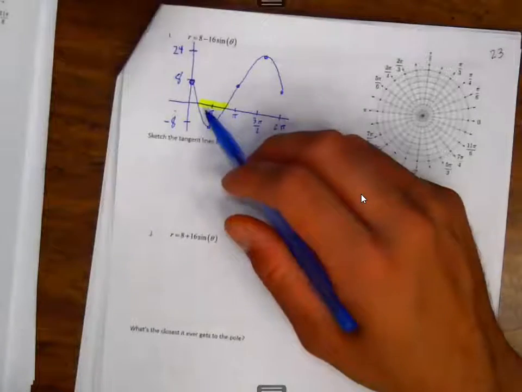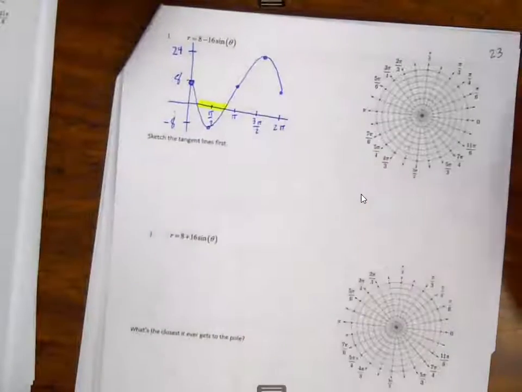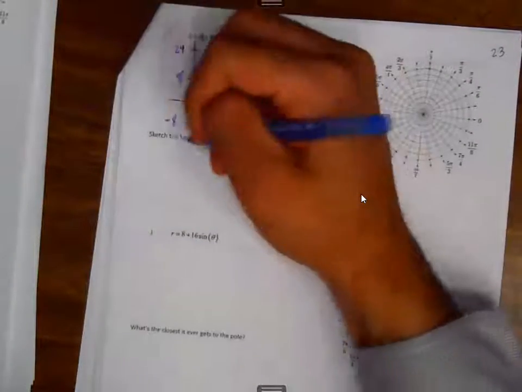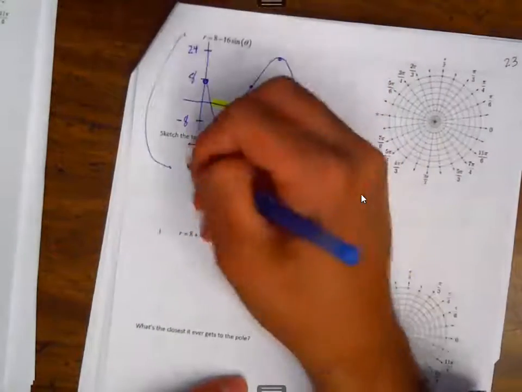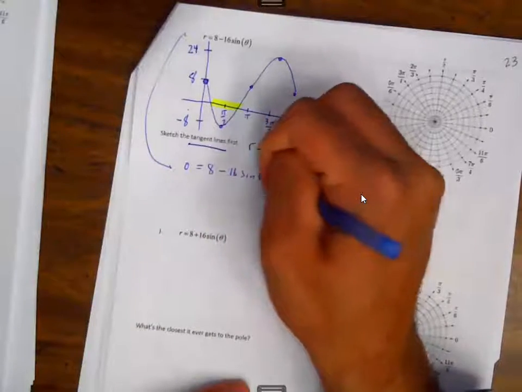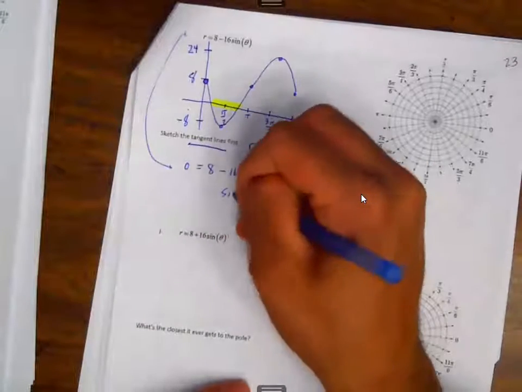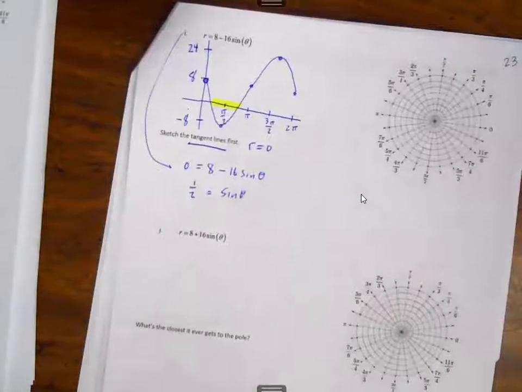So now we want to find these 2 points so we can make our tangent lines. That's always going to occur when r equals 0. So we take this and replace r with 0, and then solve for theta. So subtract 8, divide by 16, so you get 1/2.